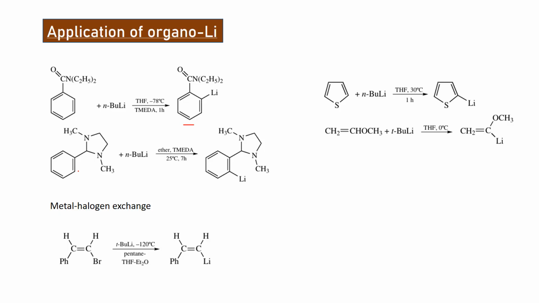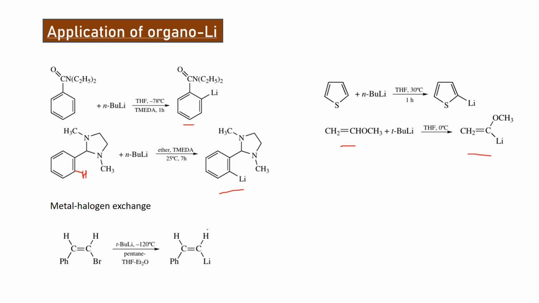Similarly in this case also it takes a proton from the ortho position selectively. This can be applied for a heterocyclic ring also, and if you add butyl lithium to an alkenoid complex, the proton which is more acidic will be taken up and give us this type of organolithium complex.